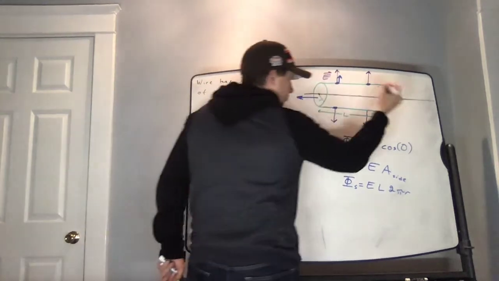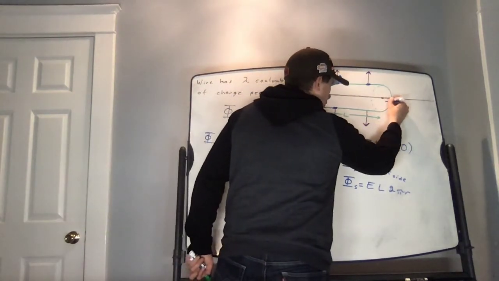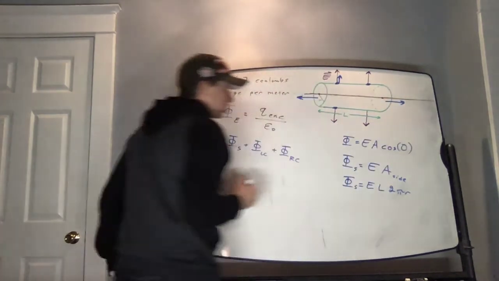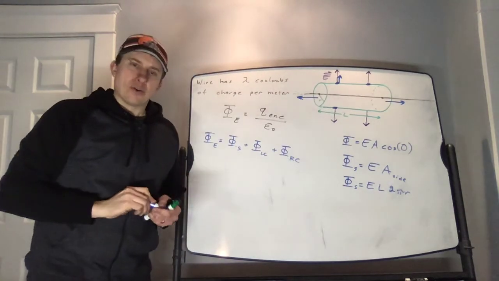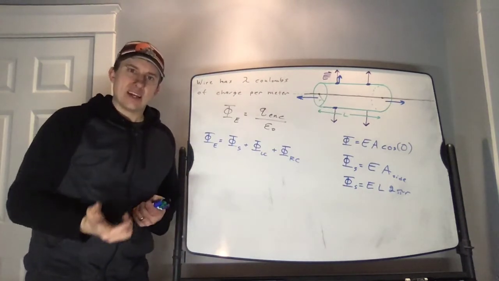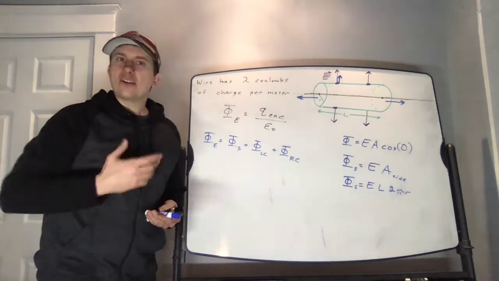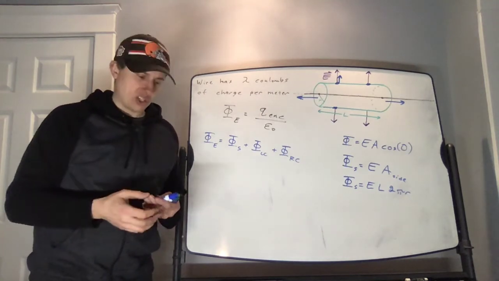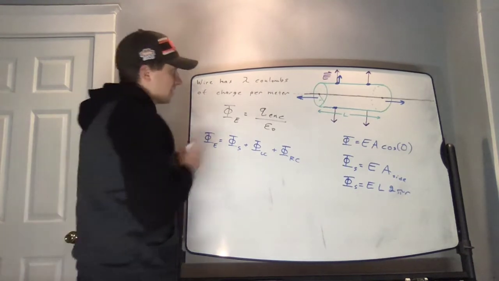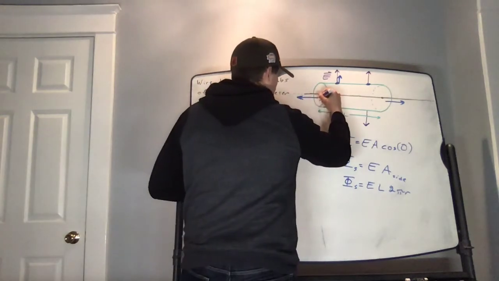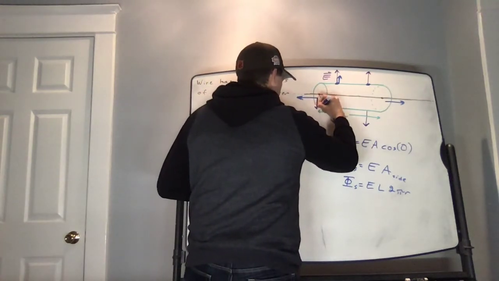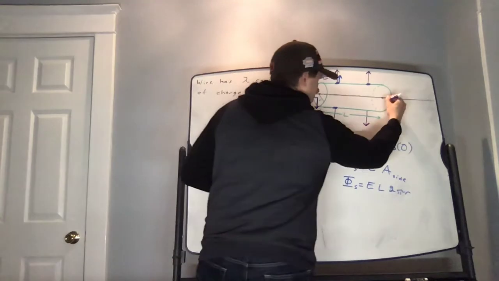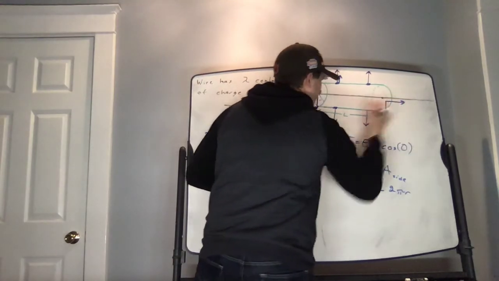A line that is perpendicular to the right cap will point along the wire in this direction. However, remember that we said the electric field at any location always points away from the wire. So at this location, the electric field will point here.